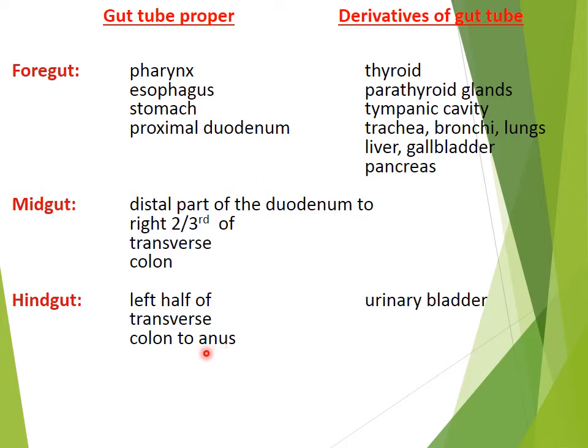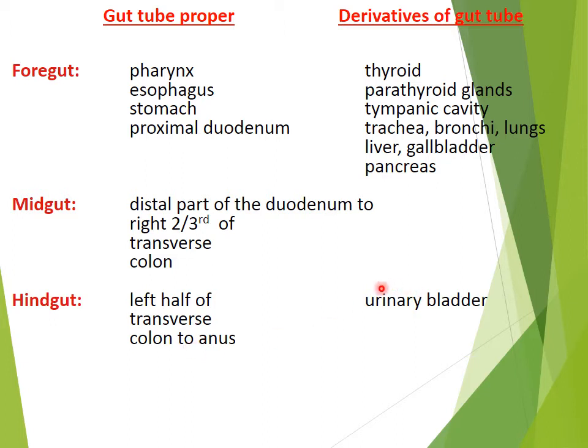Also, there will be the partition of the cloaca into its ventral and dorsal parts, and the cloaca is part of the endodermal lined gut tube. That's why, when there is a partition, the ventral half develops into the urinary bladder, and the dorsal part goes on to form the rectum and anal canal.